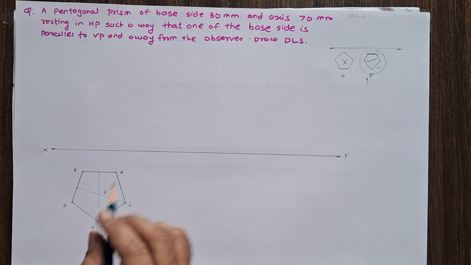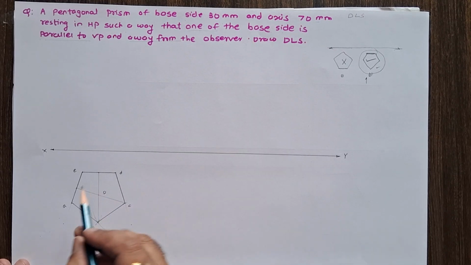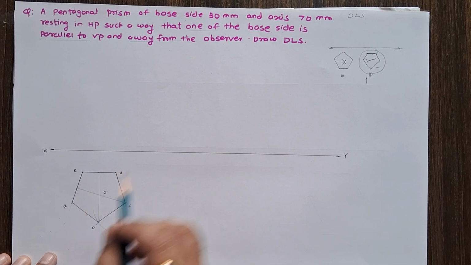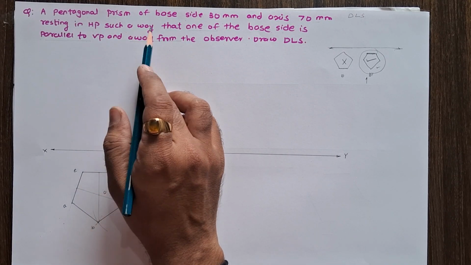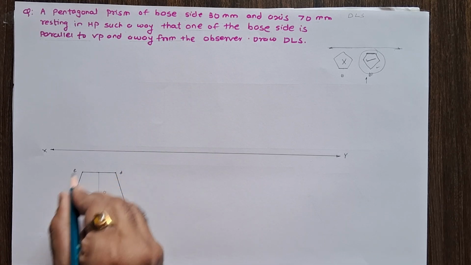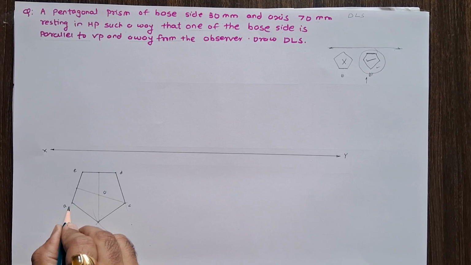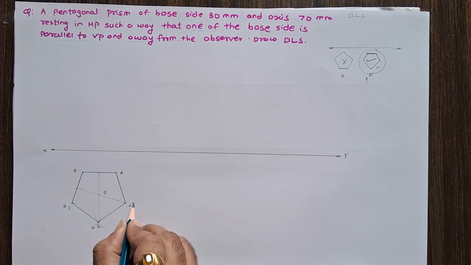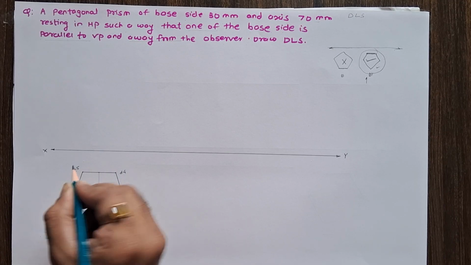Now here this is a prism. So a pentagonal prism consists of two pentagonal planes and five rectangular strips. So the bottom plane naming is A to E and the top plane naming is 1, 2, 3, 4 and 5.